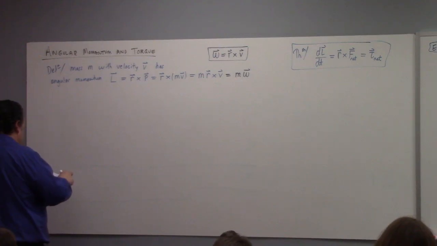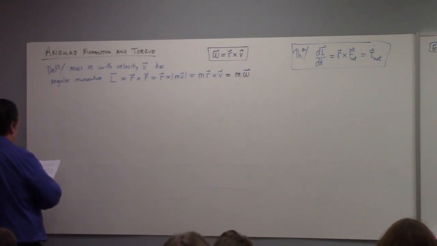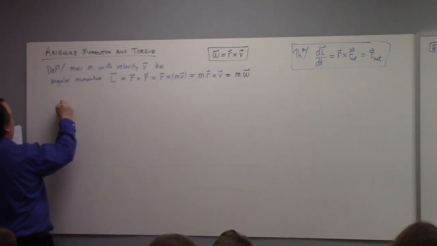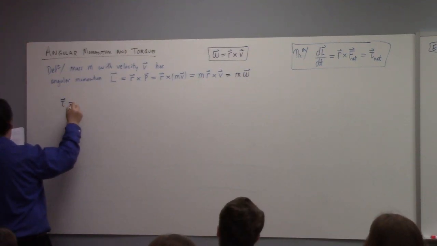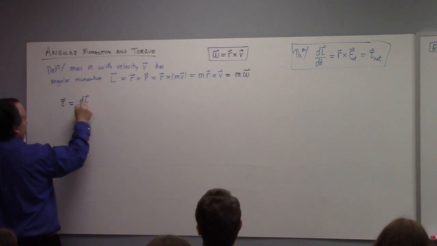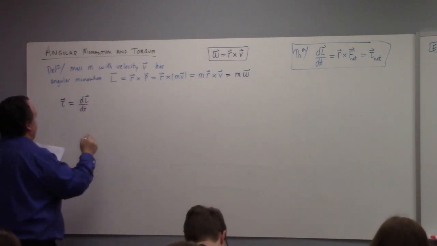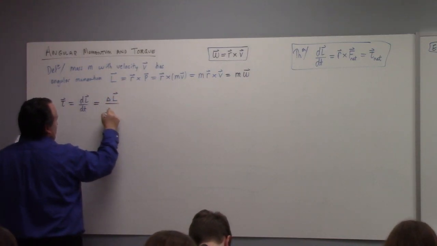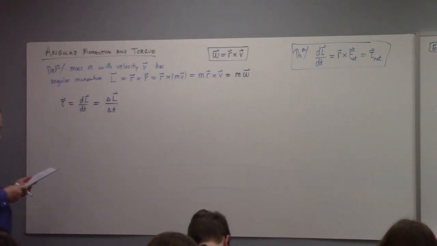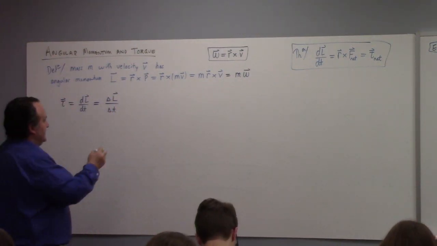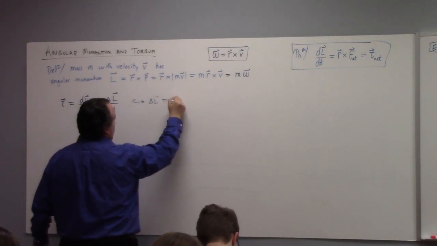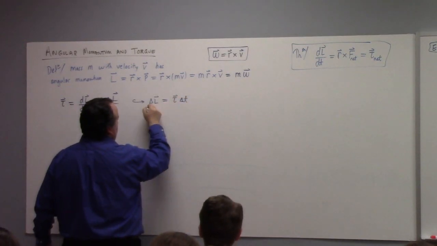So basically, the torque, as we've talked about, is dL/dt, right? So if we want to think about this for a small time, it's the change in angular momentum over the change in time. So the change in angular momentum is something like the torque times a little change in time, right?